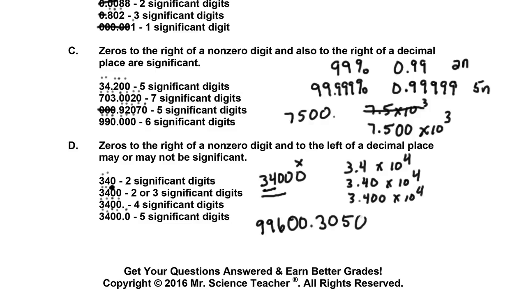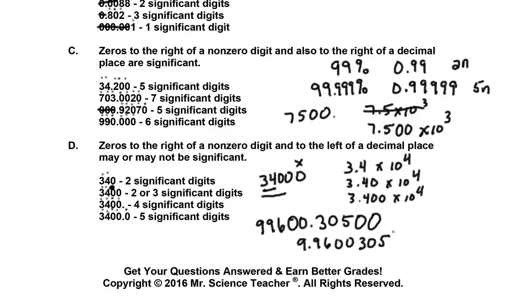If I put a 00 at the end of that and said write this in scientific notation, you might say, okay, well, it's 9.9600305, and we may have a tendency to drop off these other 2 zeros because we might not think they're important, but we know from our previous statements that they are significant.